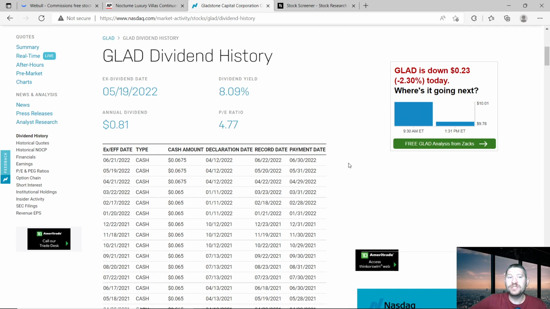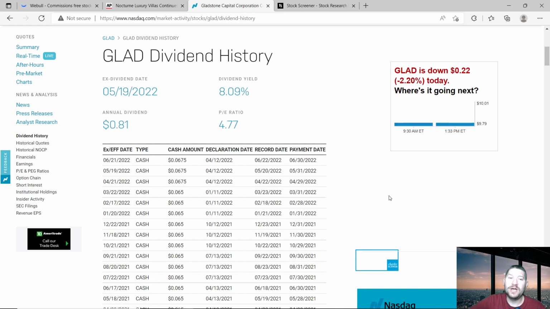Now they pay every single month, and as you can see right here, their pay dates: 3/31, 4/29, 5/31, 6/30 at 0.0675. So you're getting almost 7 cents a share every single month.